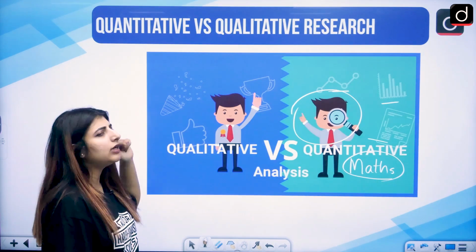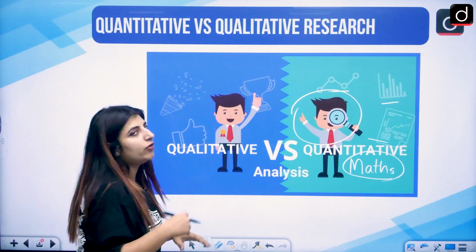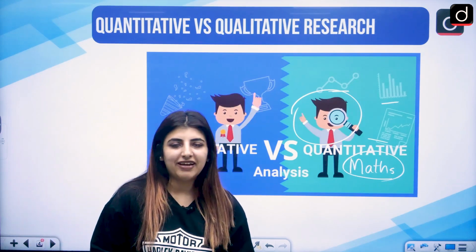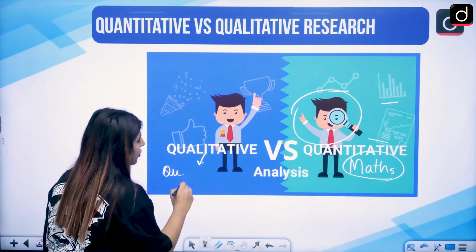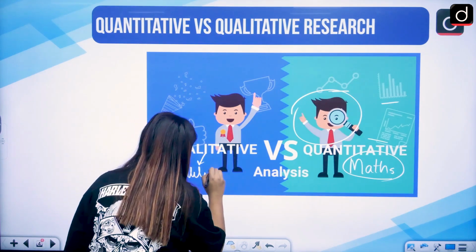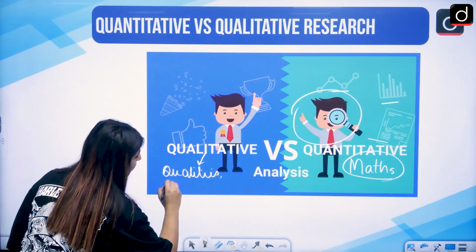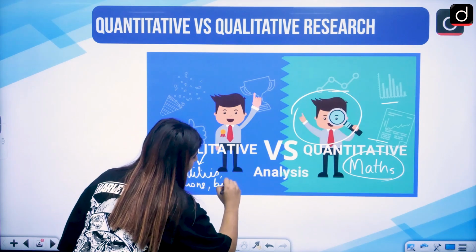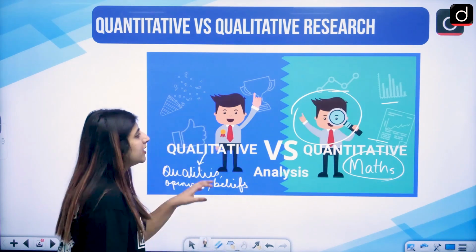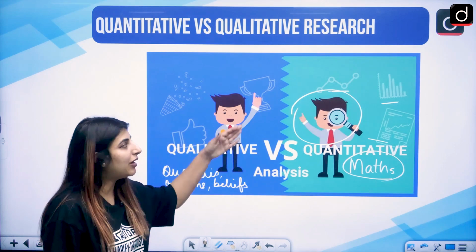Liking something or celebrating something, winning a trophy, being happy and all, right? So here, qualitative means we are concerned with qualities, we are concerned with opinions and beliefs.